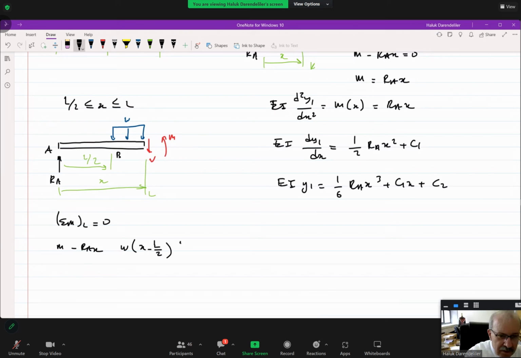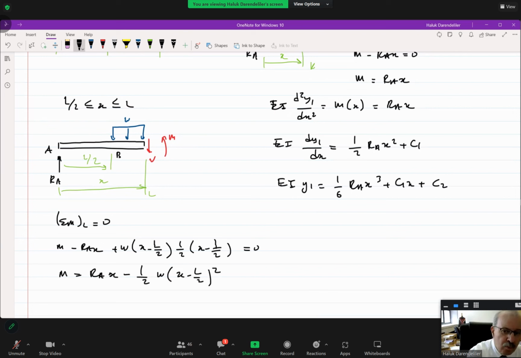And when we multiply it with 1 over 2, X minus L over 2, this is the moment arm. And its sign is positive, and this must be equal to 0. From here, the moment at the shown section is equal to RA times X minus 1 over 2 W times X minus L over 2 squared.